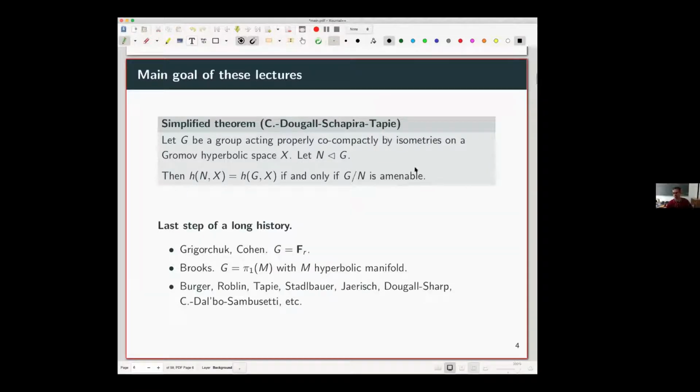I'll give my preferred definition later, but if you want some examples to keep in mind, any abelian group, or even nilpotent or solvable groups, are amenable, or groups which are sub-exponentially growing are also examples of amenable groups.